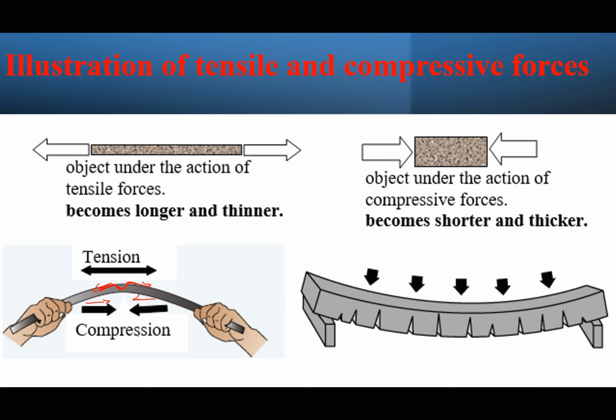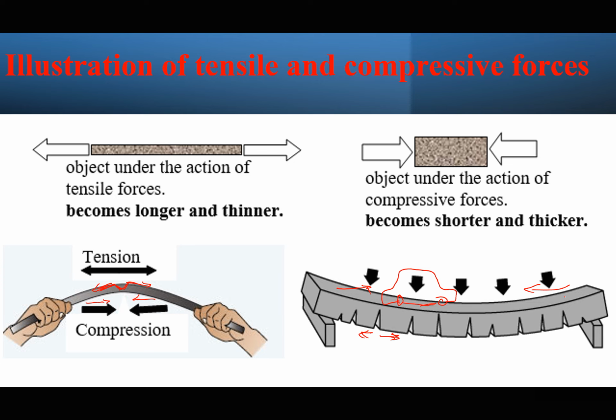Another demonstration was with something similar to a bridge. As cars move on top of the bridge, they exert forces on the bridge, and the material making up the bridge at the bottom develops cracks easily because tensile forces act on the bottom of the bridge and compressive forces act on top of the bridge.